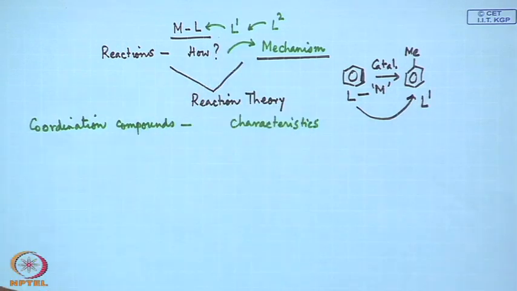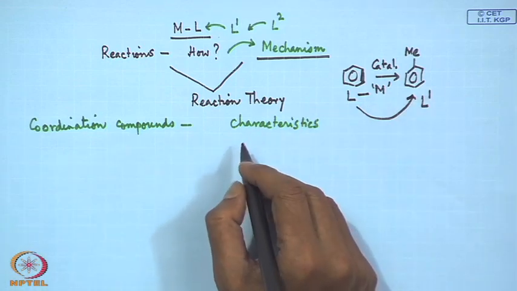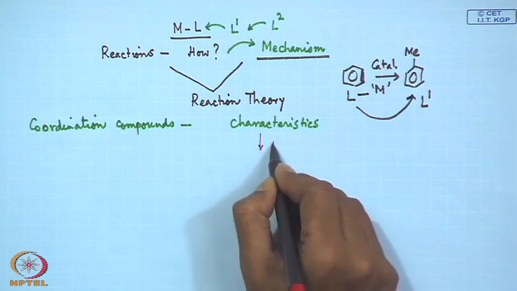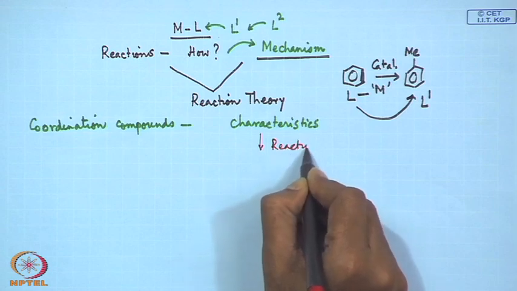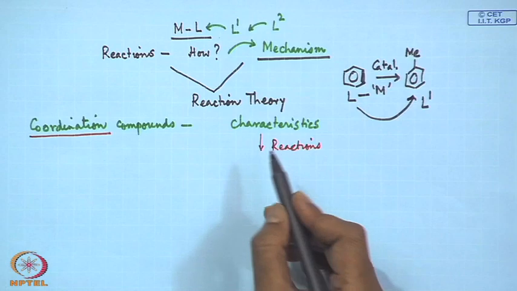So, these are related to all sorts of reactions, particularly the important conversions for any such organic reactions. So, they have some useful characteristics, and we are focusing our attention only on the coordination compounds.